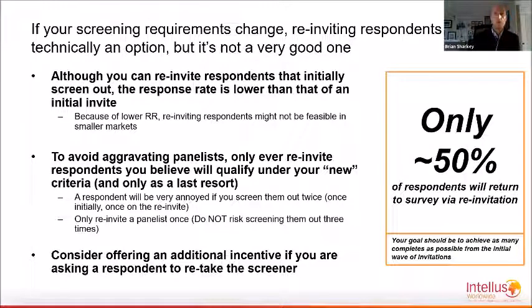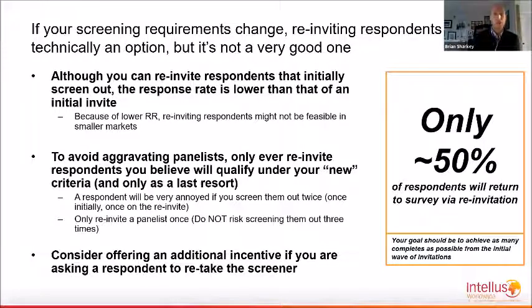If we place those hard screening questions that we might be flexible on early in the screener, then we might actually have to screen them out again because we didn't already ask them that question, if that makes sense. So only ever re-invite them once, because the very last thing we ever want to do is to screen them out 3 times. So that would be a huge no.